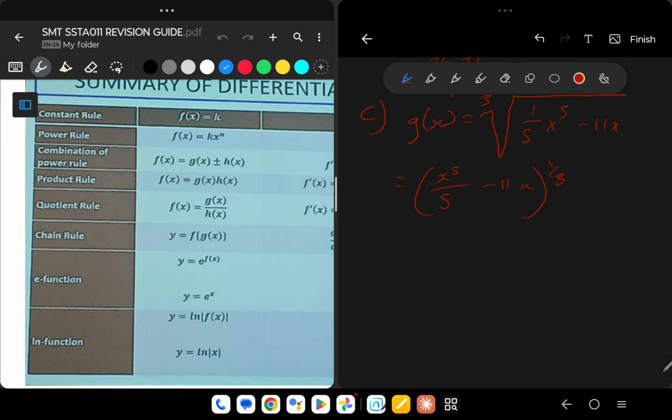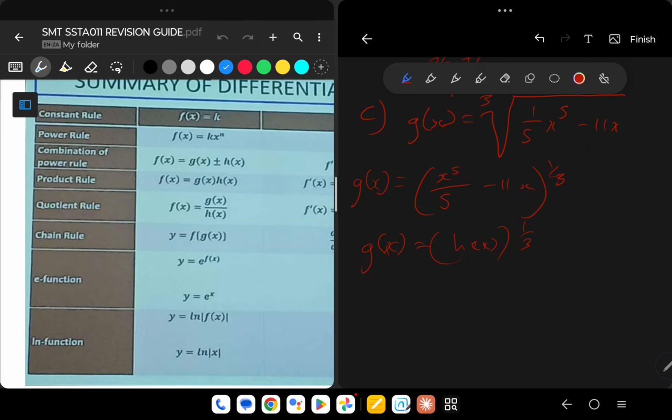This is still your g of x. So we have something of g of x equals h of x to the power of 1 over 3. So the rule that is appropriate to apply here is the chain rule.